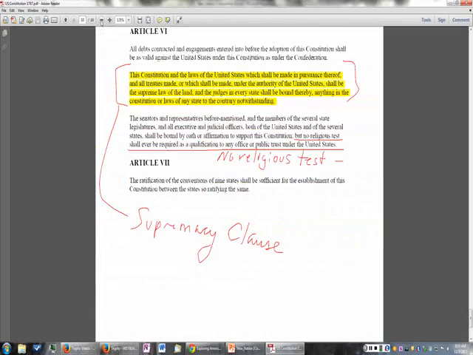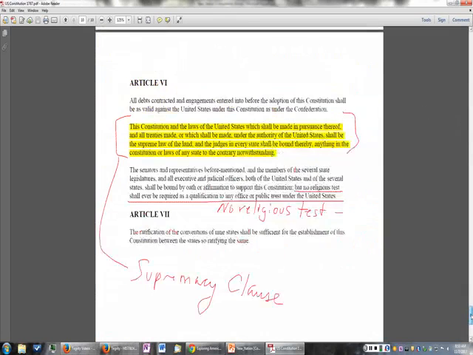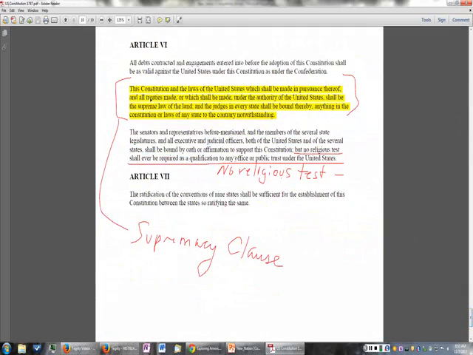Let me reduce this down a little bit. In the Supremacy Clause, Article 6, you see it says, "This Constitution, the laws of the United States, which shall be made in pursuance thereof, and all treaties made or which shall be made under the authority of the United States, shall be the supreme law of the land." Right? That Whiskey Rebellion debate in the 1790s, farmers in western Massachusetts don't like that tax against whiskey.